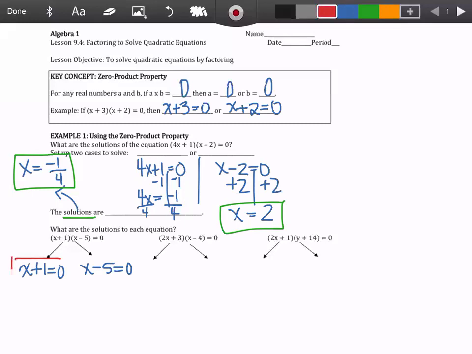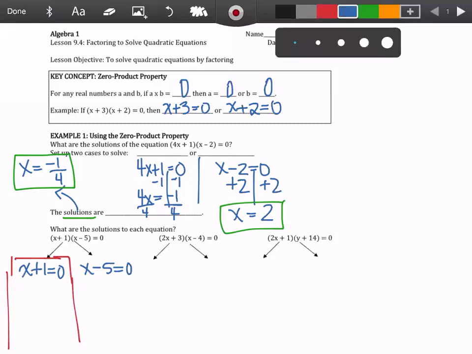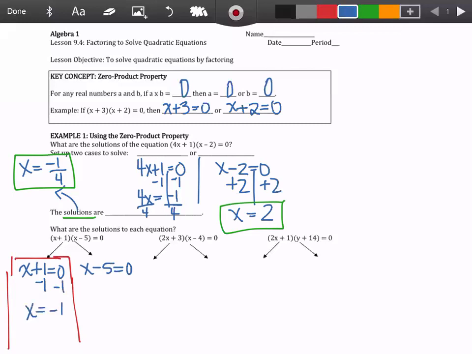So we're going to do this one first. Get x by itself by subtracting 1. We have x is equal to negative 1. Then we're going to do the same thing with x minus 5, only this time to balance the equation we add 5. And we get x is equal to 5.